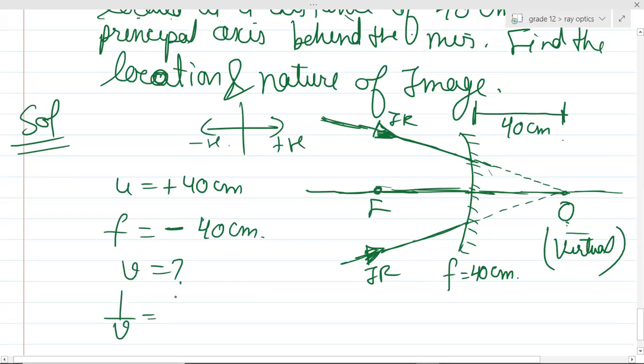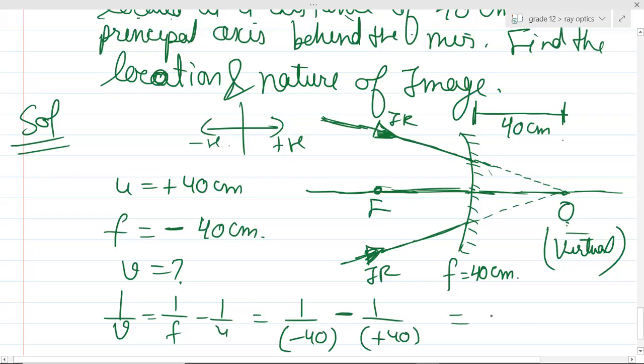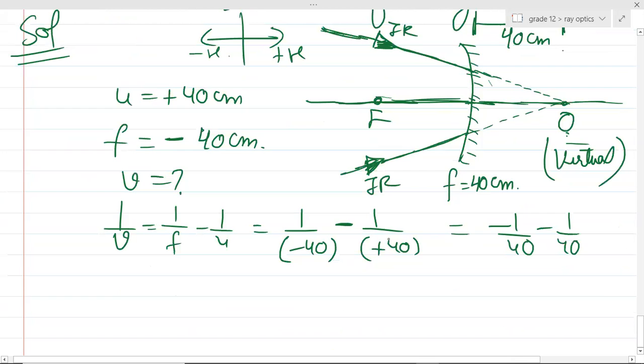So 1 by v is equal to 1 by f minus 1 by u. So 1 by minus 40 minus 1 by plus 40, which is equal to minus 1 by 40 minus 1 by 40. So minus 2 by 40, which is minus 1 by 20. So from here, v is equal to minus 20 centimeter.